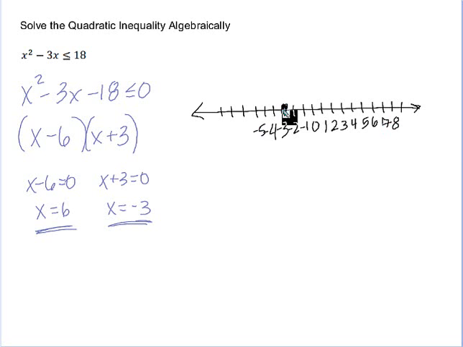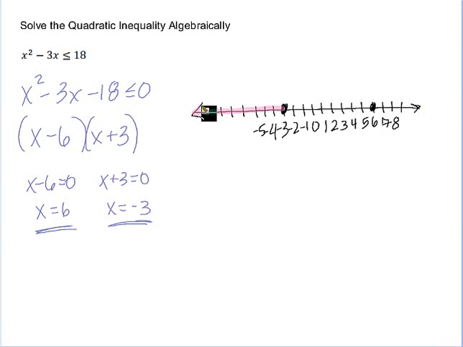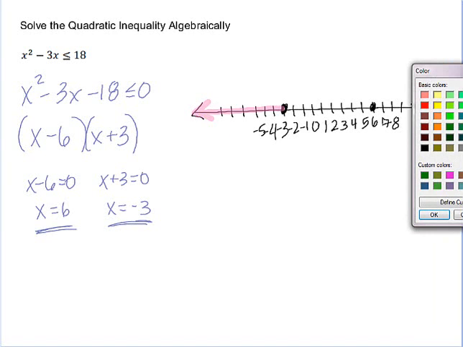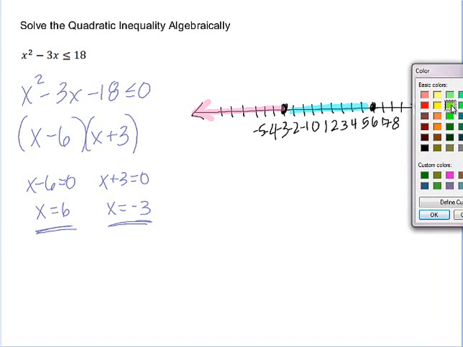So we got negative 3 and we got positive 6. Notice that this splits the number line up into 3 distinct places. We have a spot on the left-hand side, we have a spot in the middle, and then we have a spot on the right-hand side.